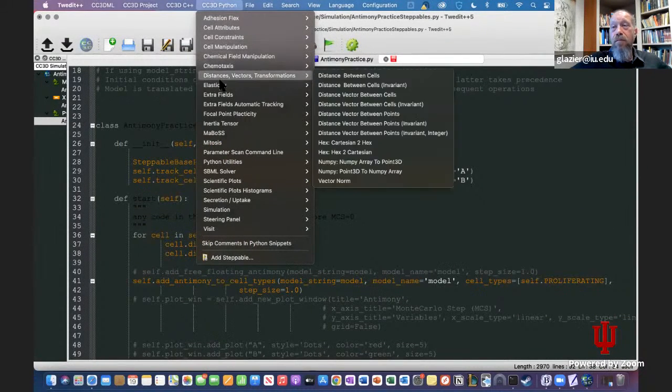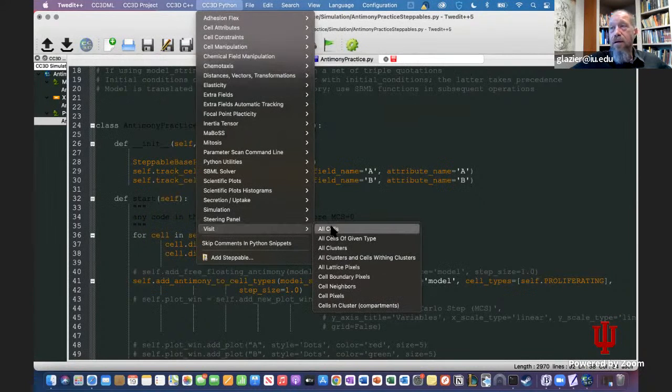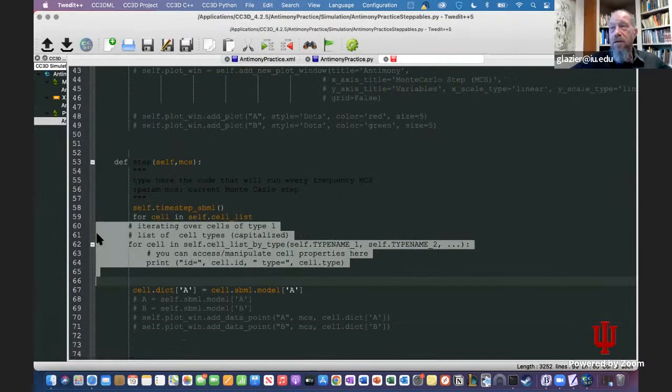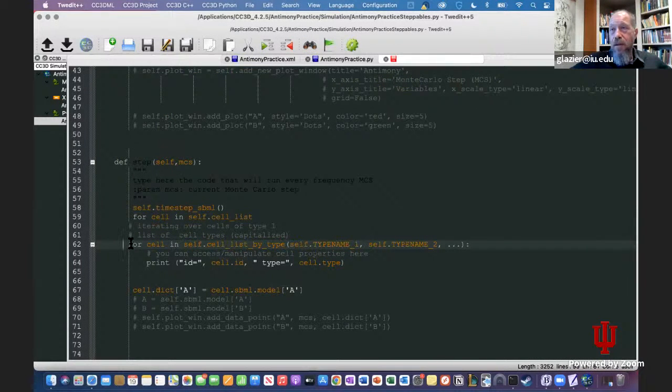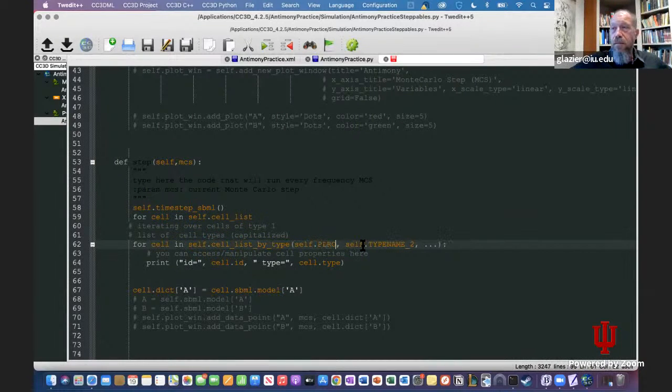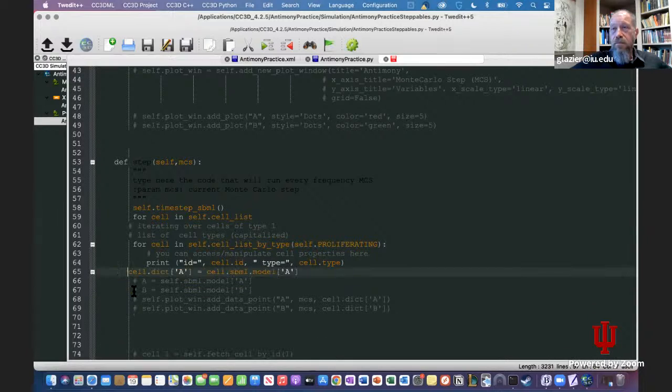All the way at the bottom, visit all cells of a given type. There you go. So now you'd say self dot proliferating. And now you can get rid of 63, 64, 65, 66. Yeah, there you go.